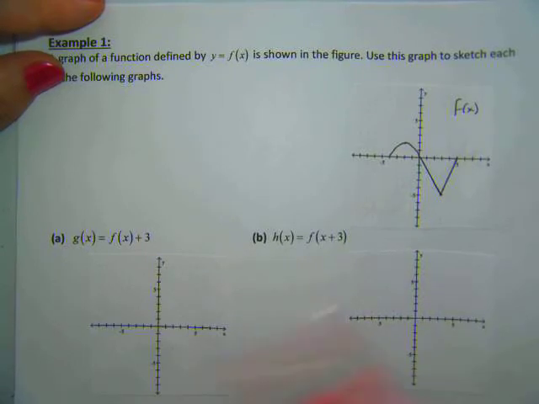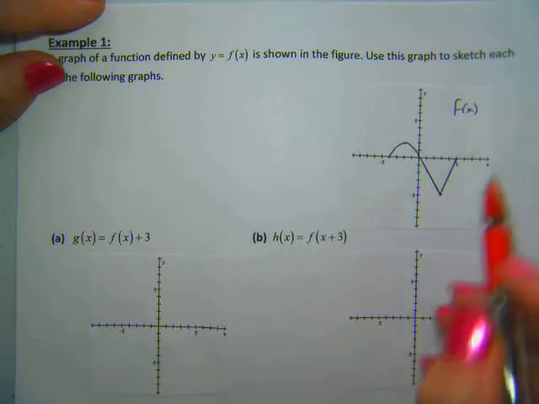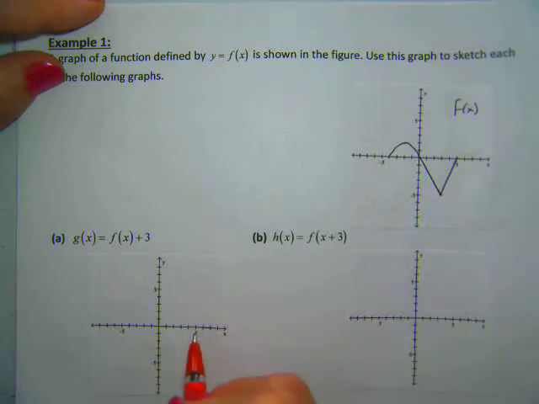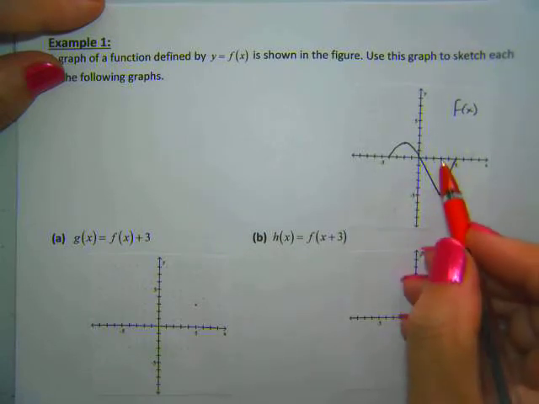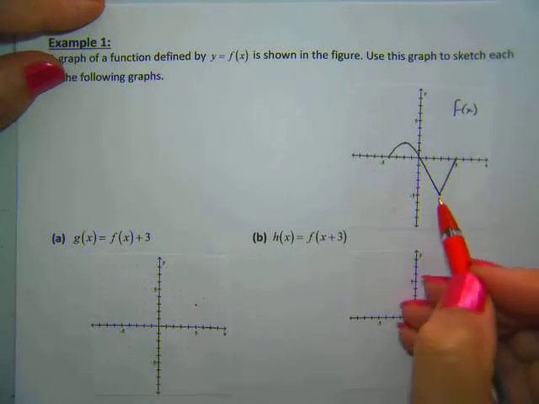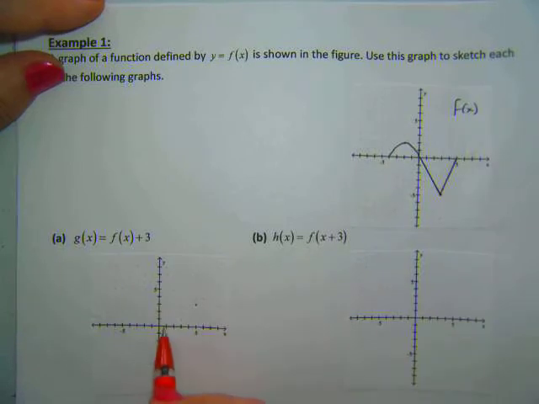So this point is at 5, so I'm gonna go up 3 units, and then this one is at 3, -5. So here's the 3, but I'm gonna go up, so it's gonna be just -2.